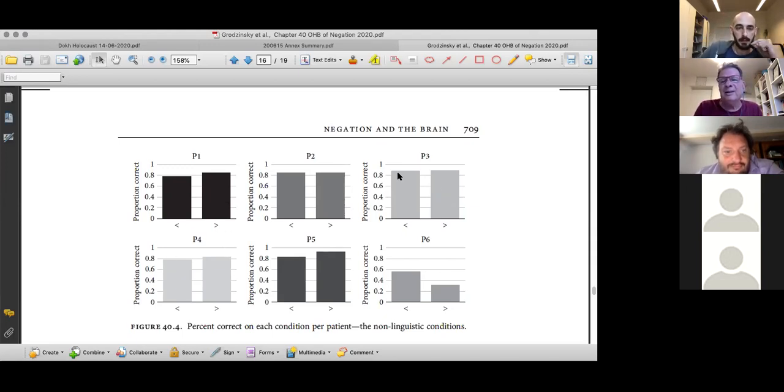You can see that these 5 patients, all of them were above chance, very clearly so. The number of items here is pretty big. I don't remember how many, but it's pretty big. And in some instances, the experimenter who collaborated with us in Buenos Aires went back to the patients 2 or 3 times to make sure that they did it. And I was present in a couple of these cases.